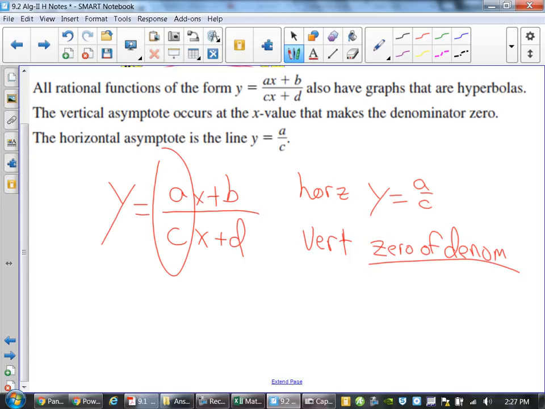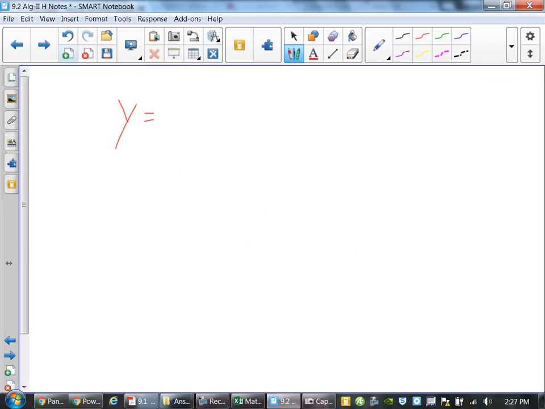Let me show you an example. If we do y equals 2x minus 1 over 3x plus 2. Very good. In this case here, I have degrees that are exactly the same. Both the numerator and denominator are polynomials with degree of 1. Both linear. They're both linear.